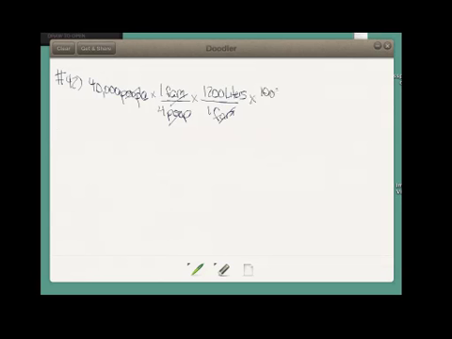There are 1,000 cubic centimeters in 1 liter. In 1 meter, there are 100 centimeters, but I need to cube that.